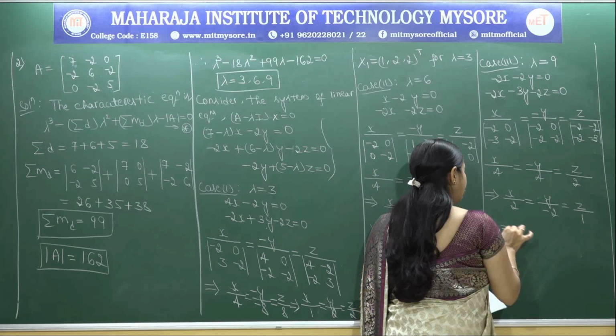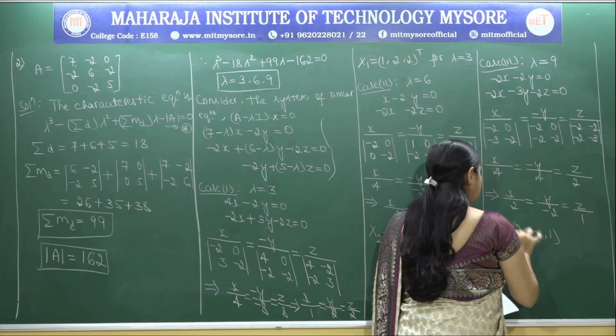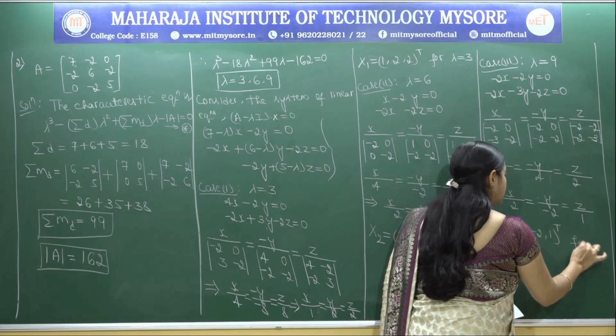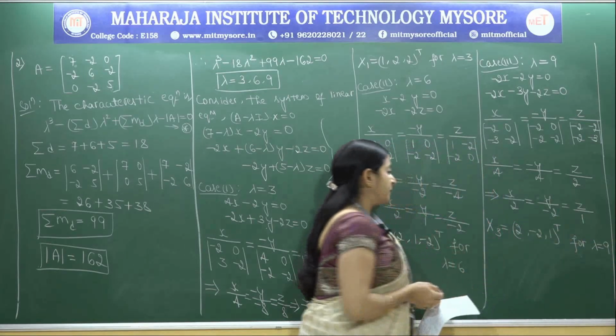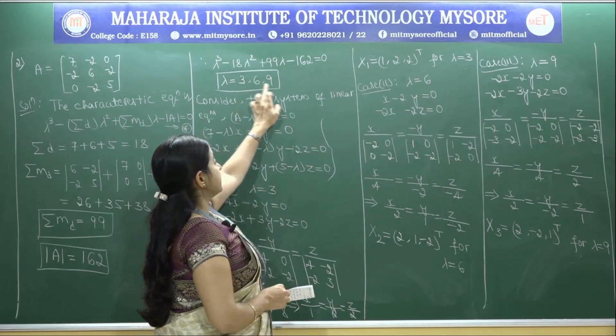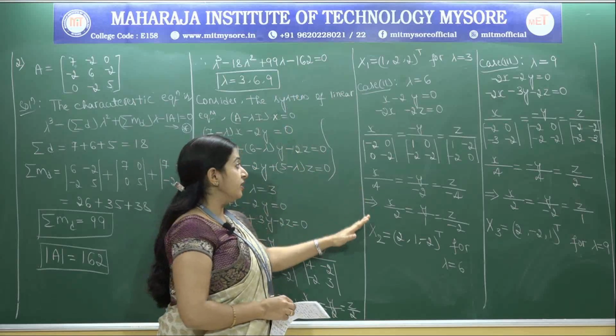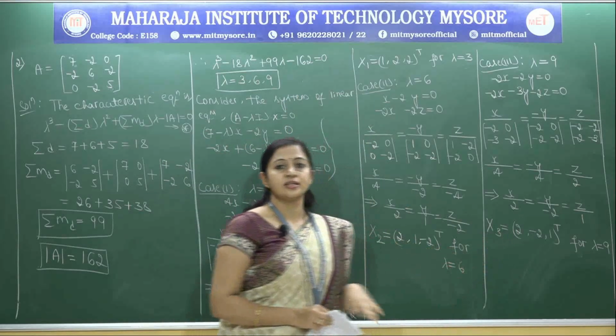So the third eigenvector is (2, -2, 1) transpose for lambda equals 9. So the eigenvalues are 3, 6 and 9 and the corresponding eigenvectors are x1, x2 and x3.